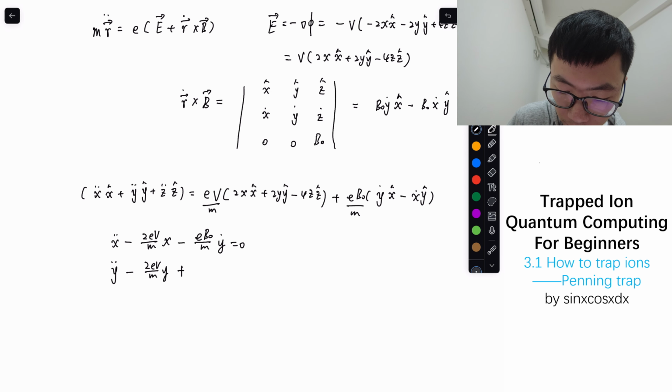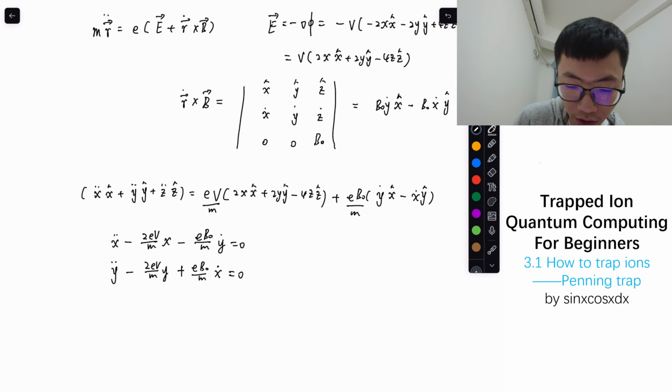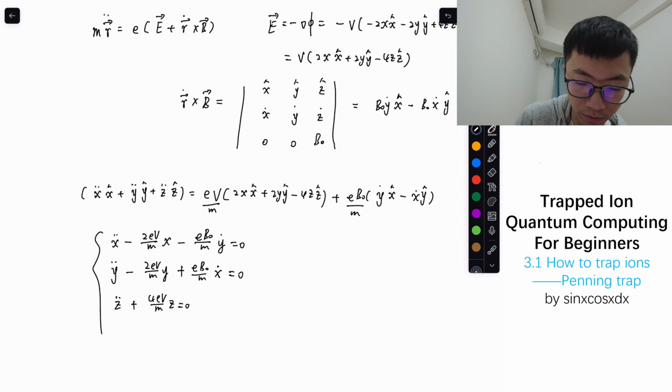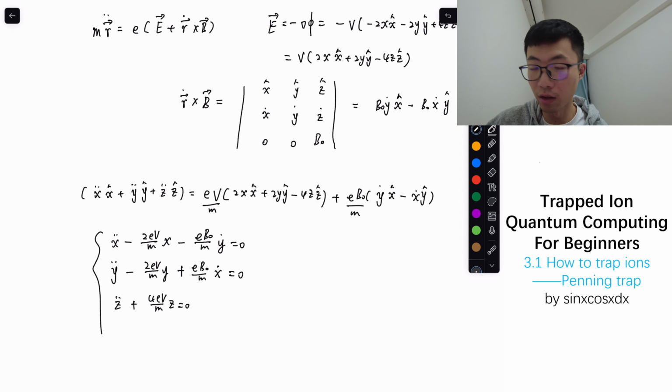And in the z direction, it is relatively simple. This is the equation satisfied in all three directions.